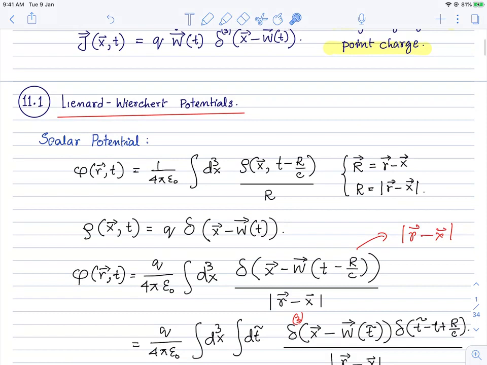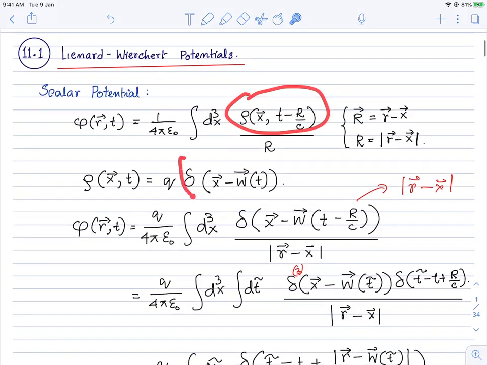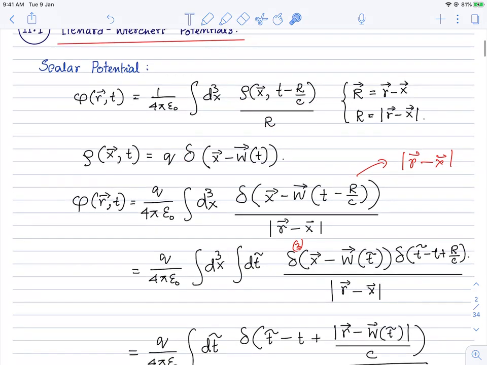First the scalar potential. Here there's a charge density, and we take our delta function, q times the delta function, and plug it in for the charge density. This r is the position vector where we are interested in finding the potential, and x is the coordinate which is integrated over for the charge density.